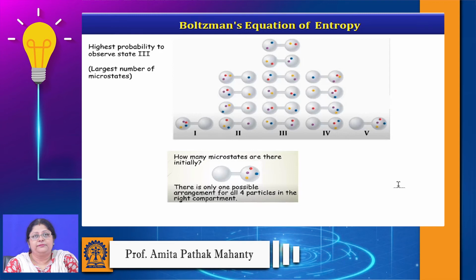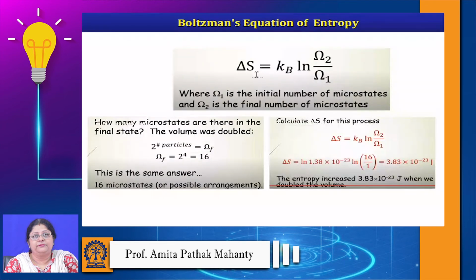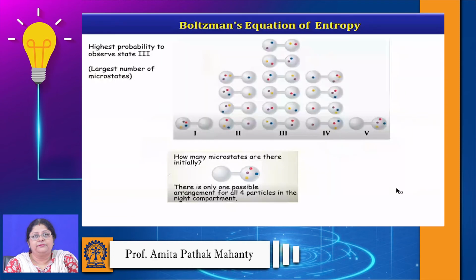1. So if I want to write down the delta S, the microstates which were final divided by the microstates of initial. It's nothing but 16 by 1. Understood? This is generally what we write.